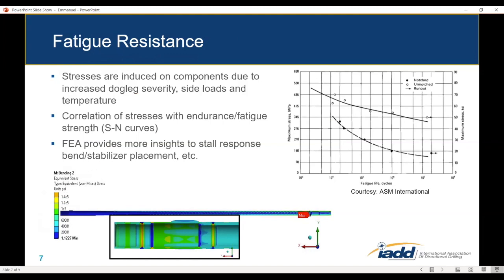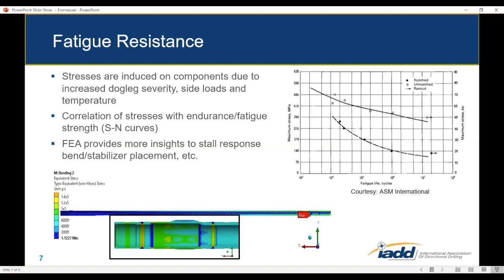Fatigue resistance is very, very important. I was talking about FEA a little bit earlier. We see that high dogleg severity introduces bending stress into the mud motor. With FEA, you're able to optimize what part of the motor will start seeing bend at different degrees.